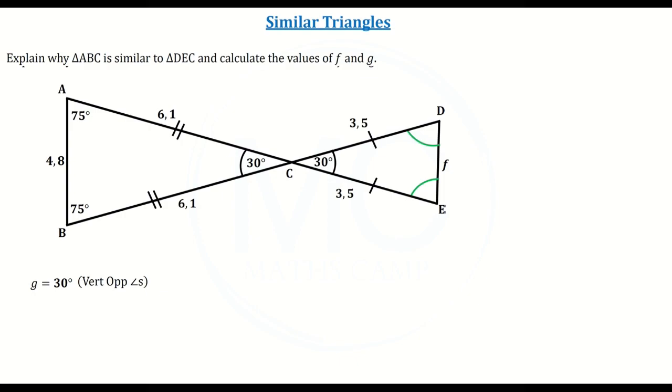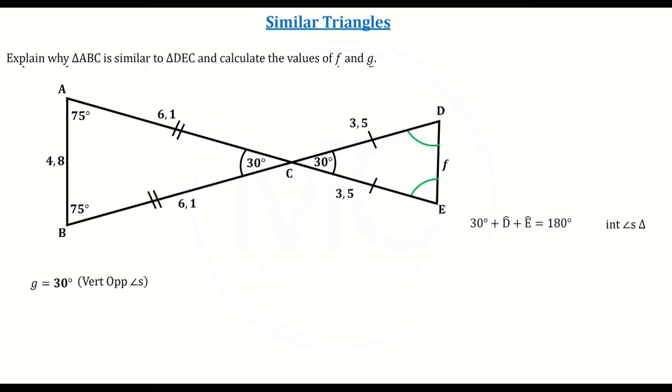Now we can use this to find the sizes of angles D and E. So again, we can now say 30 degrees plus angle D plus angle E is equal to 180 degrees, because these are the interior angles of a triangle.